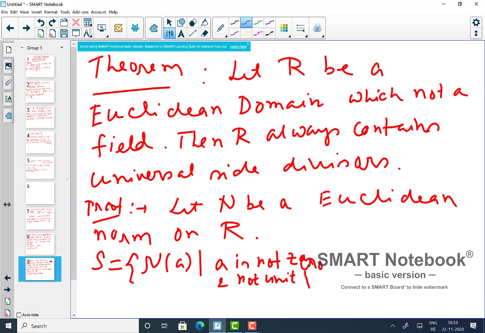So I'm taking all the non-zero non-unit elements and then taking the norm of those elements, right? This will be, because the norm maps to natural numbers including 0, but I just remove the 0 part, so it is a subset of the natural numbers.